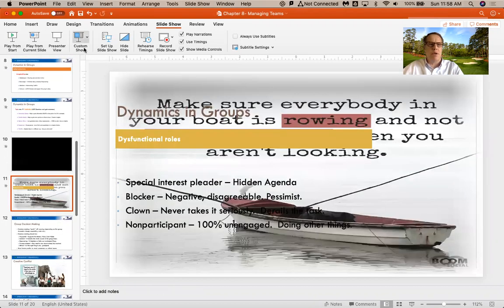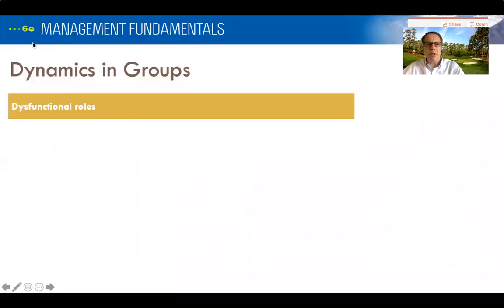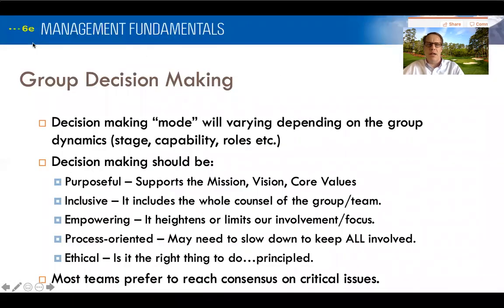And then this is where we ended up talking about some of the dysfunctional roles, and they're out there and you have to deal with them, and that moves us into group decision making.